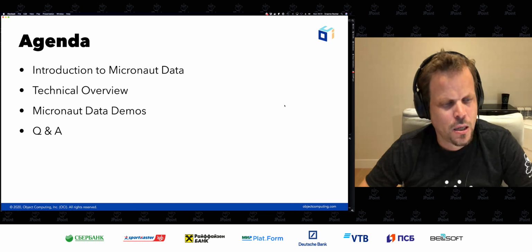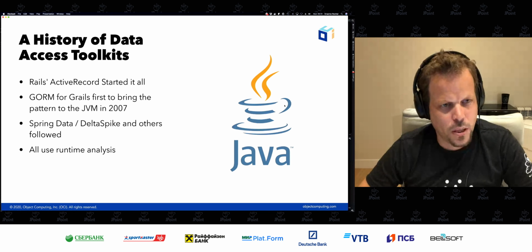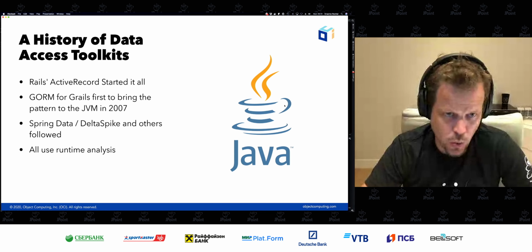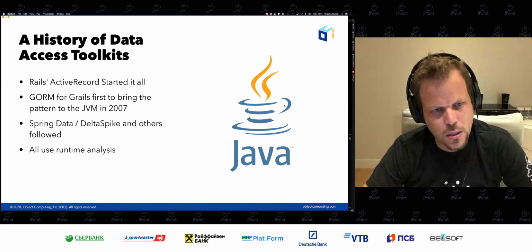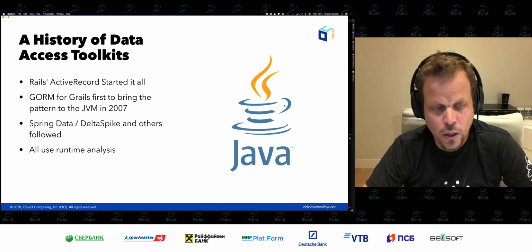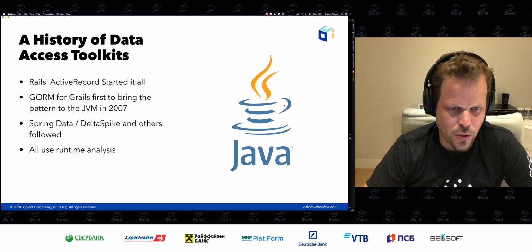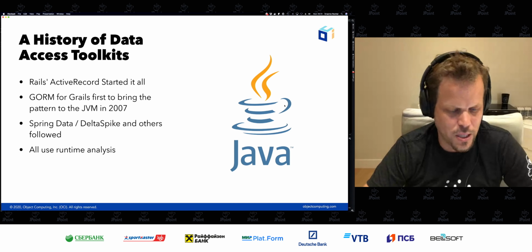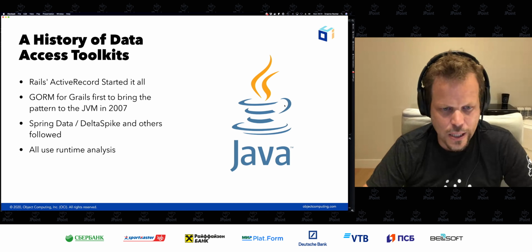So first of all, for those who are unfamiliar with the history of data access toolkits in the Java space, prior to Ruby on Rails' Active Record revolution, there was a lot more work writing database access code in Java.